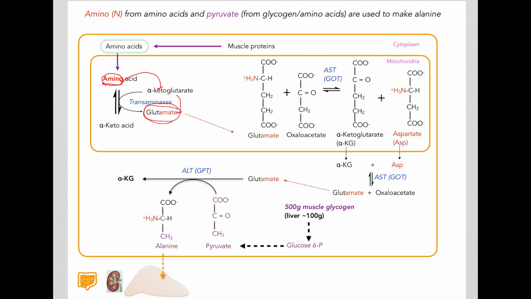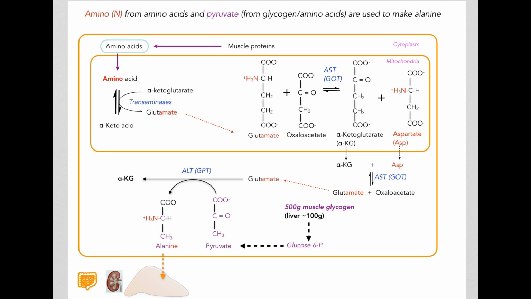So now this glutamate will carry the amino group from this amino acid. The glutamate will now go through another transamination reaction that is catalyzed by the enzyme AST, which stands for aspartate transaminase. The old name for this enzyme was glutamate oxaloacetate transaminase, or GOT.